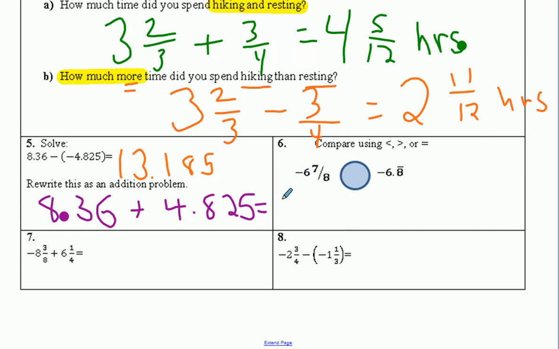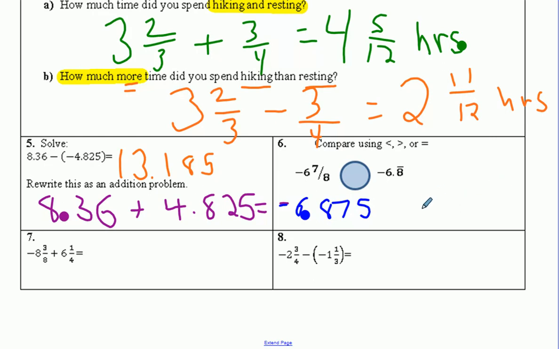So I literally can leave the -6 alone. I just want to know what 7/8 is. So 7 over 8, and converting to a decimal will get you decimal point 875, which is 6 and 875 thousandths.